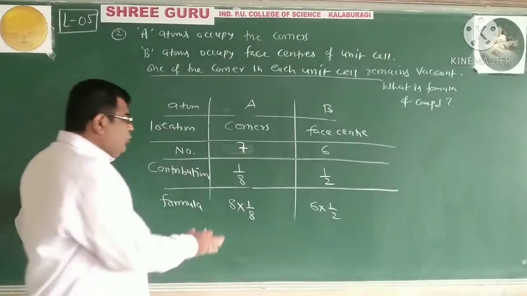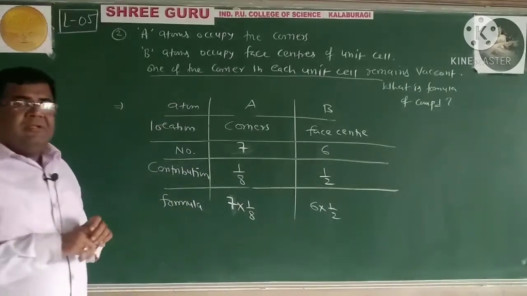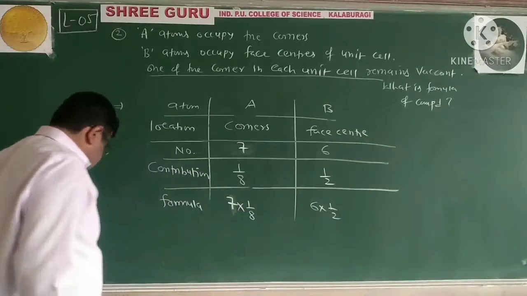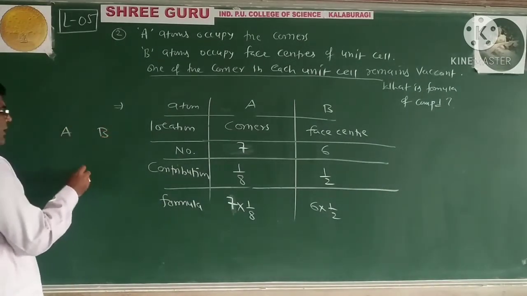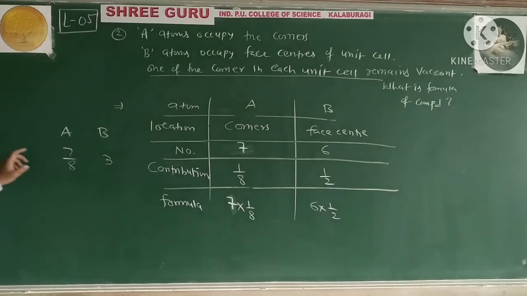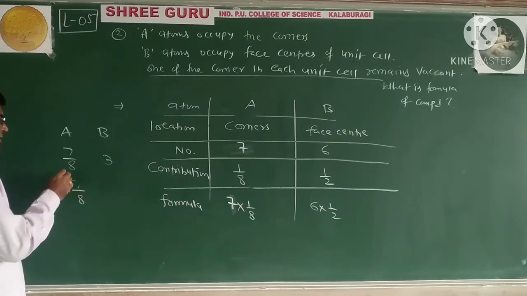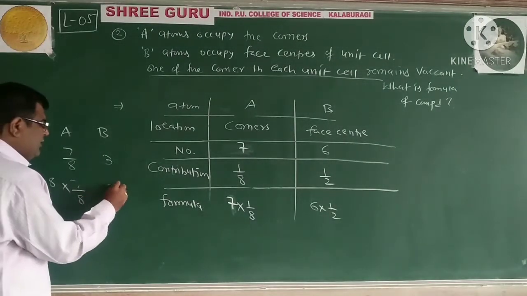Instead of 8 into 1 by 8, it is 7 atoms with contribution 1 by 8, and it is 6 by 2 for B. So we can write A 7 by 8 and B 3. We can simplify this by multiplying with 8. So we write 7 by 8 multiplied by 8, but as we are multiplying A by 8, B also should be proportionately multiplied, 3 into 8.